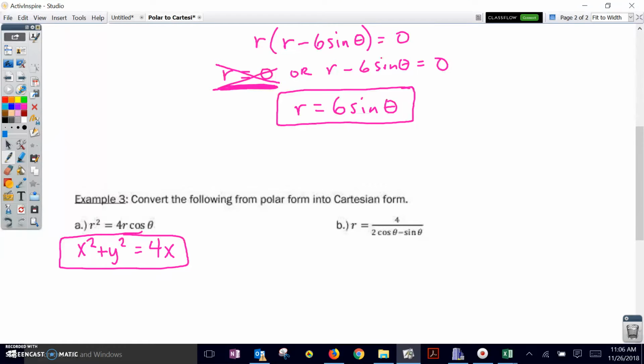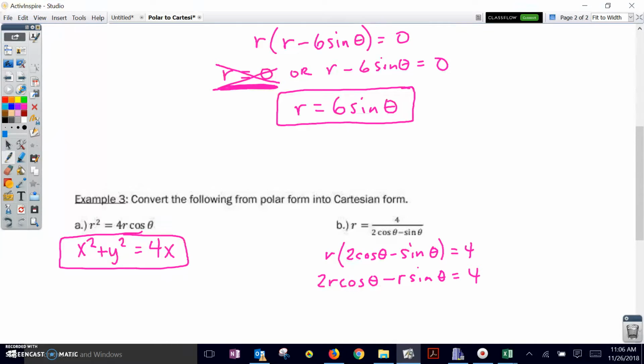And we'll do the same kind of thing in part B. I'm going to multiply both sides by the quantity 2 cosine of theta minus sine of theta. And then this is 2r cosine of theta minus r sine of theta equals 4.